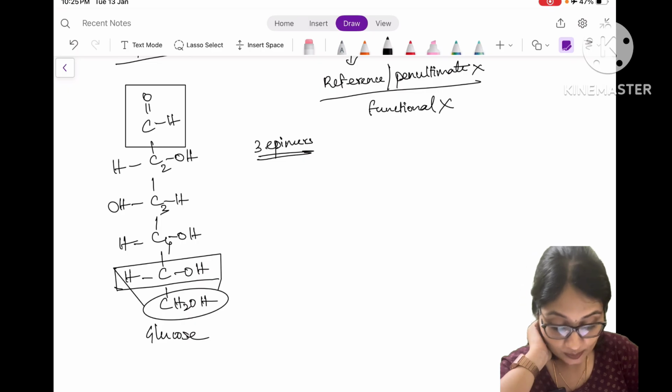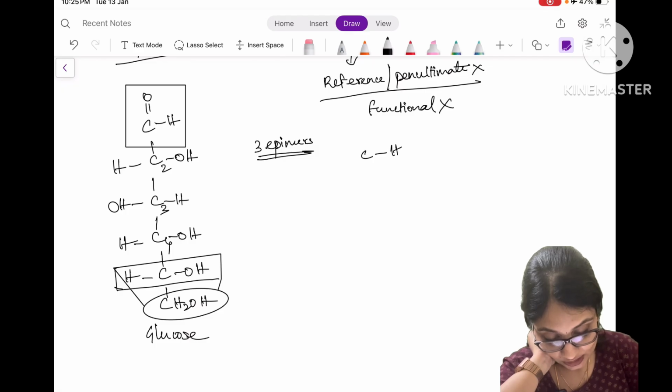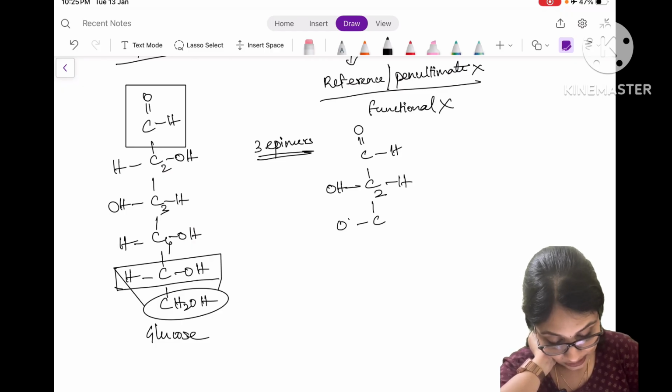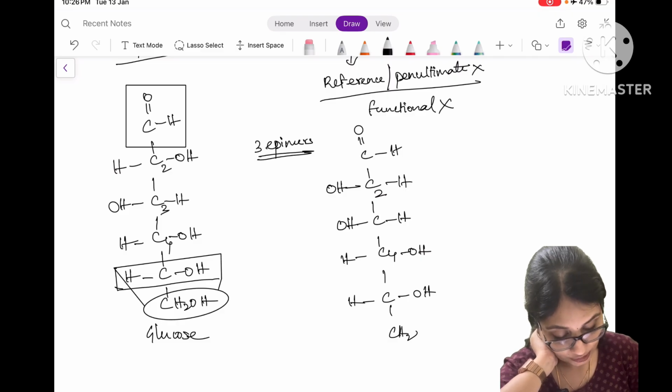Now let me draw the C2 epimer of glucose. This is glucose. The C2 epimer will look something like this. CH double bond O. So the difference in H and OH: OH has to come here, H has to come here. This is C2. C3 has to remain the same, OH, H. C4 also has to remain the same, H and OH. And C5, no change, H and then CH2OH.